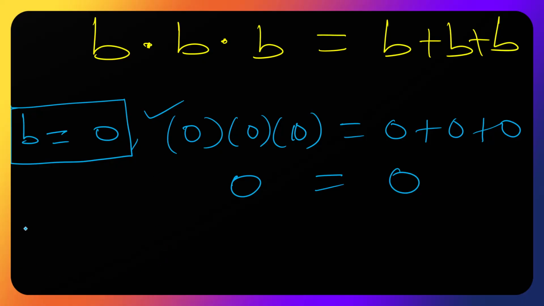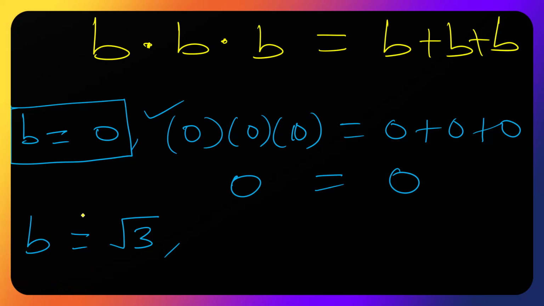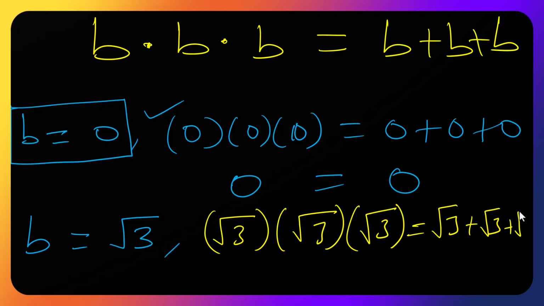Now let's go to when b equals square root of 3. Let's do substitution. That will be square root of 3 times square root of 3 times square root of 3 equals square root of 3 plus square root of 3 plus square root of 3.